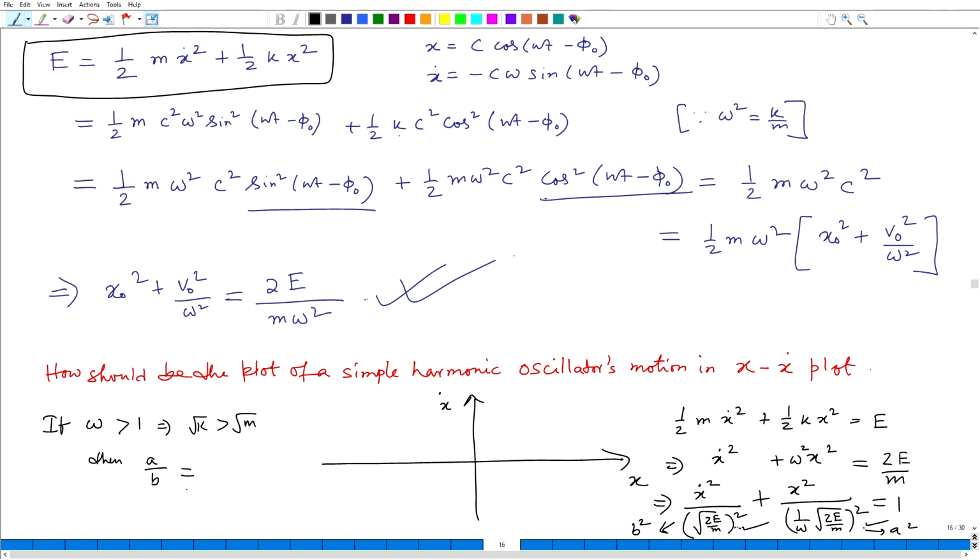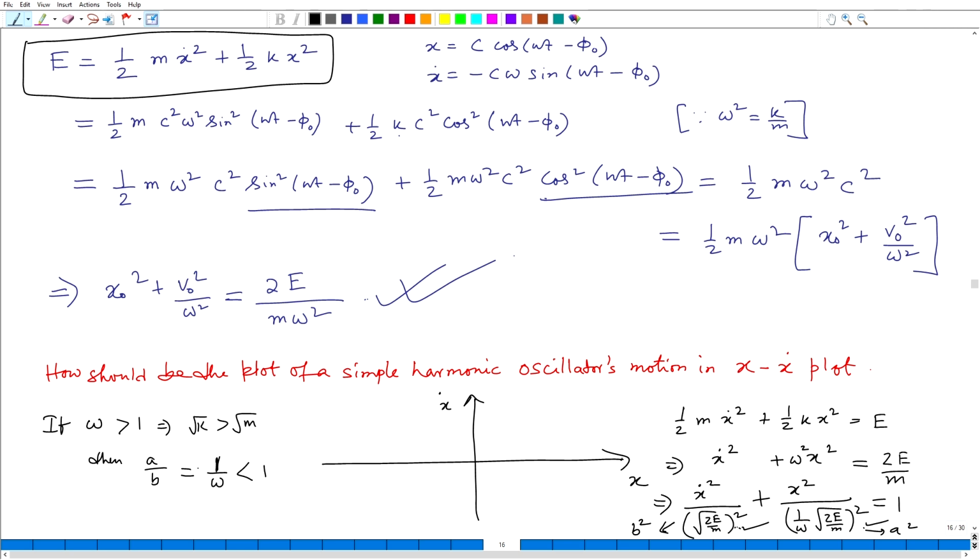Whenever I have this condition, a by b will simply be 1 over omega, and that will be less than 1, and then a would be less than b.